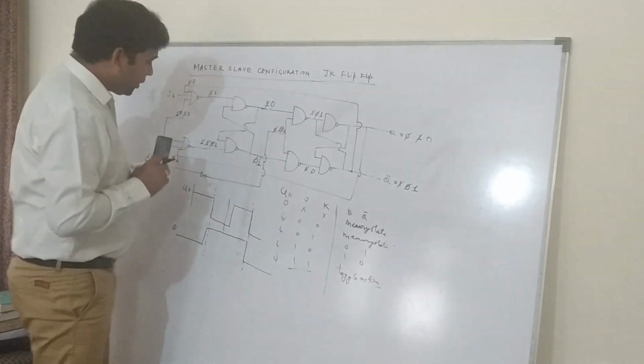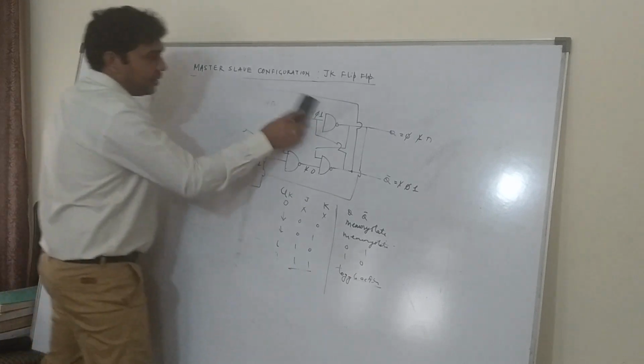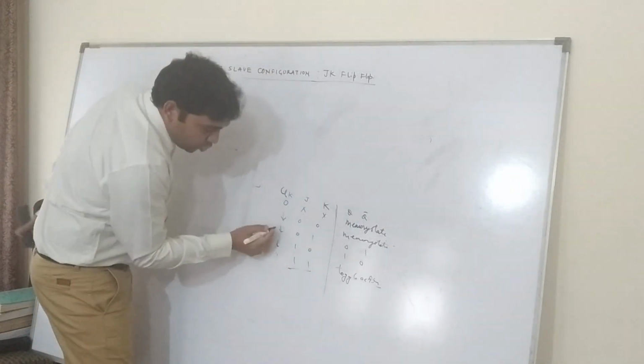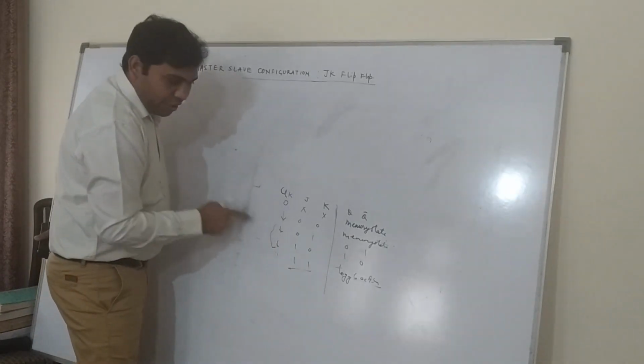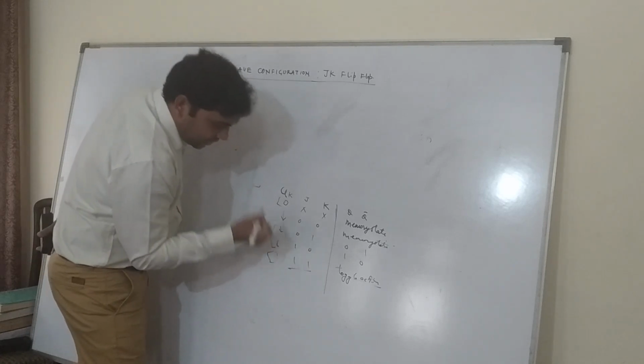One more thing I want to emphasize here: if you see the truth table carefully, these two rows are for storing applications. This is for the memory. This is for the toggling action.